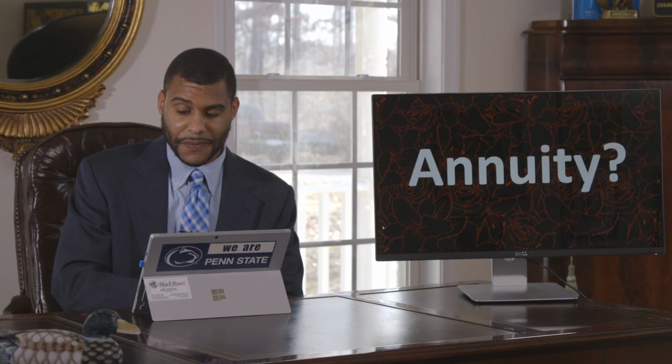Disadvantages of annuities is that your funds are usually heavily penalized if withdrawn earlier than the contractual agreement, making these funds illiquid or not easily able to turn into hard cash in hand.